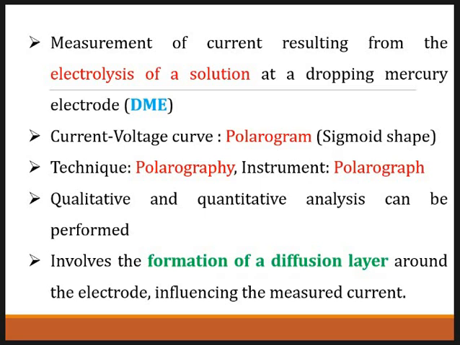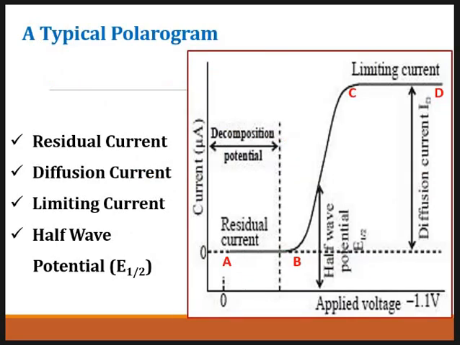Let us see a typical polarogram which is usually obtained for every measurement. One can find that three different currents can be measured from the polarogram. The first is the residual current, the next is the diffusion current, and the third is the limiting current. In addition to these three currents, you get one more piece of information, called the half-wave potential.